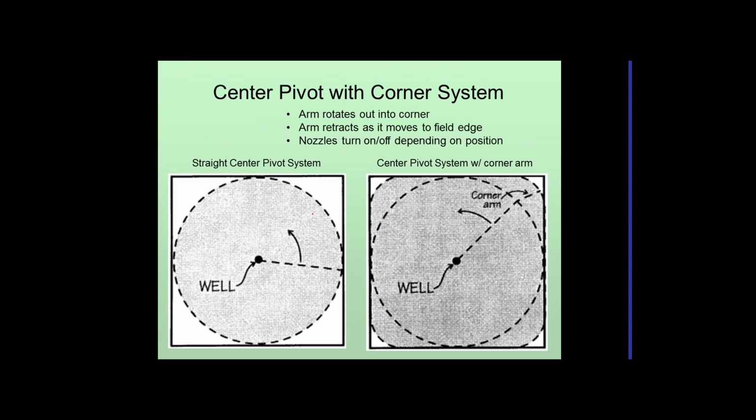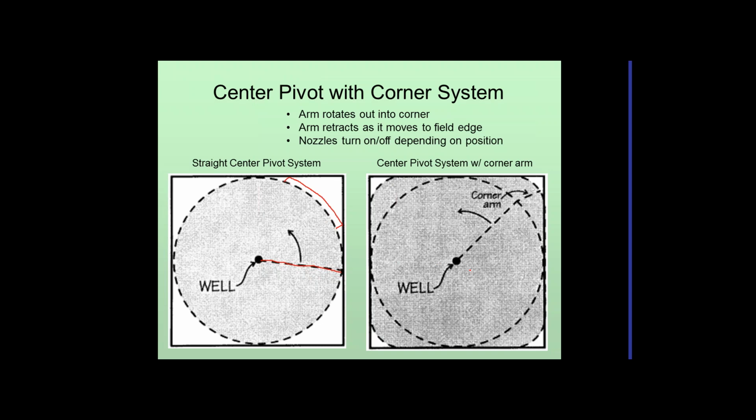So then there's two different kinds of center pivots, and we'll talk about corner systems. The left picture here is a straight system. So we've got a straight system that runs around. Occasionally, if the end gun comes on, it might cover a little more ground here in the corners, but typically it's just going to go around, and we'll get about 130 acres out of that 160-acre field.